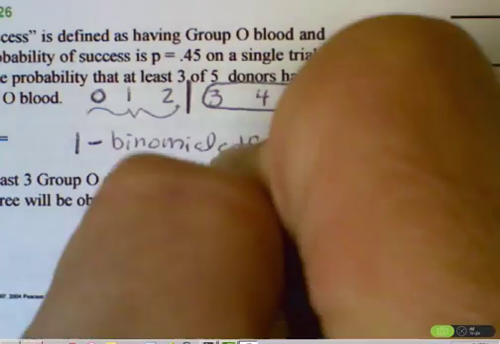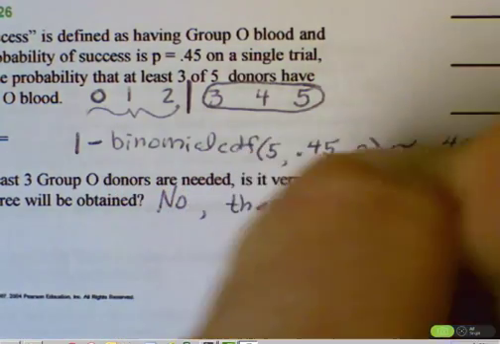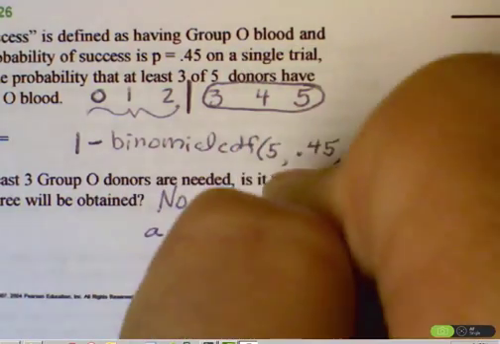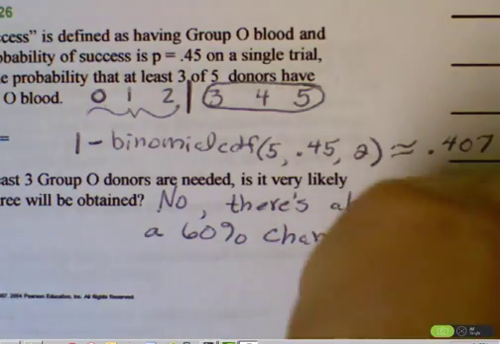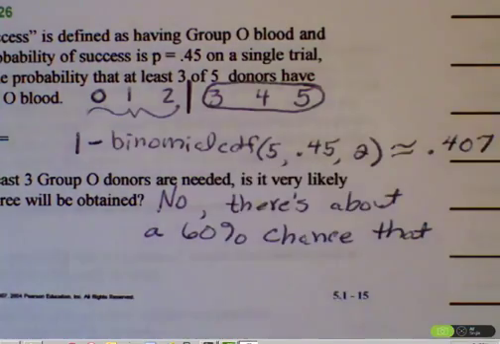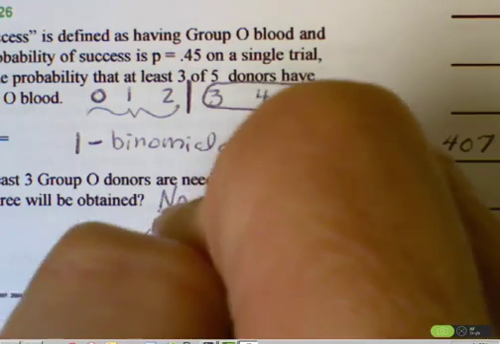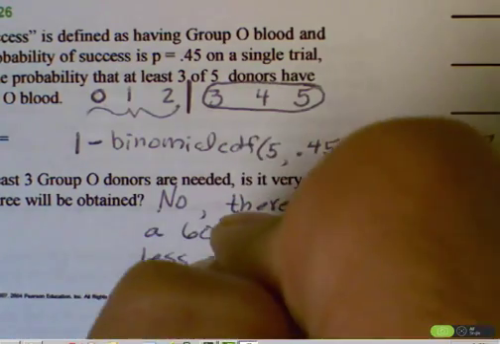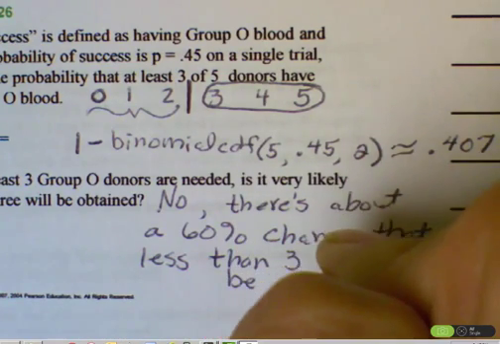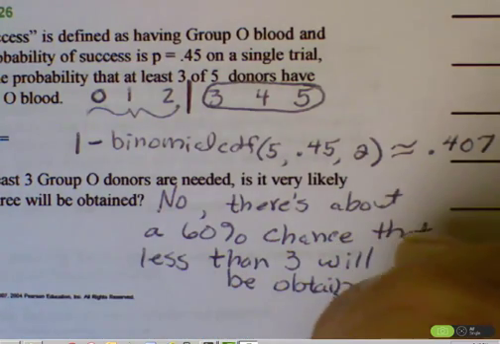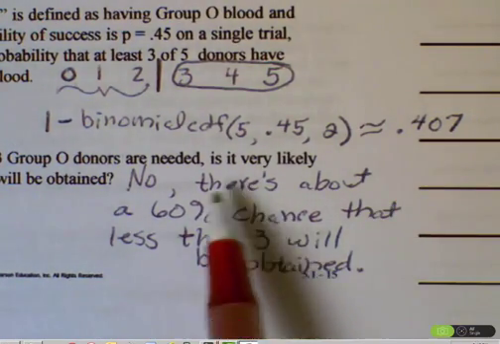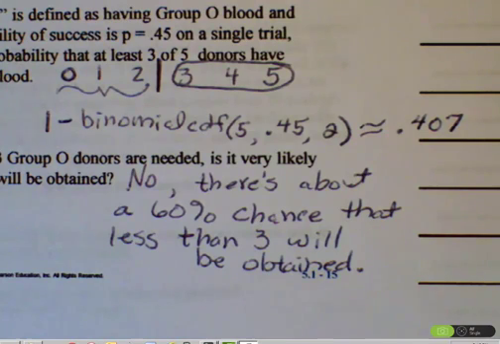I would say no. There's about a 60% chance that less than 3 will be obtained. No, actually, it's 59%, but I'm just trying to answer this question as simply as I can.